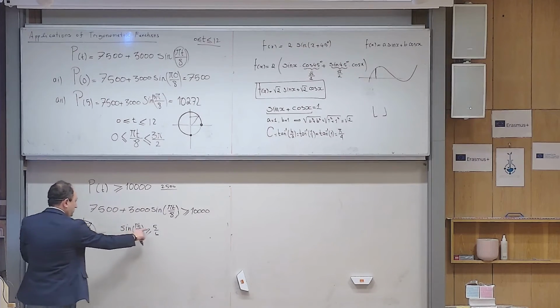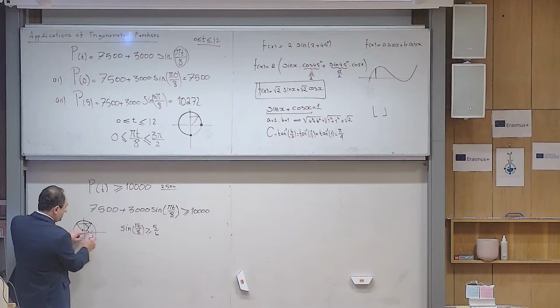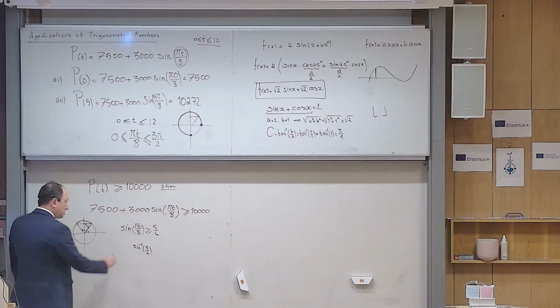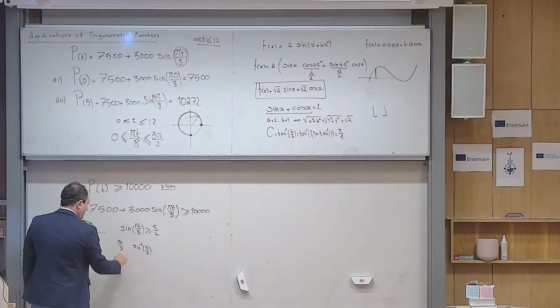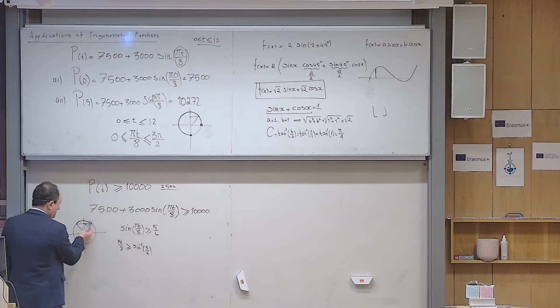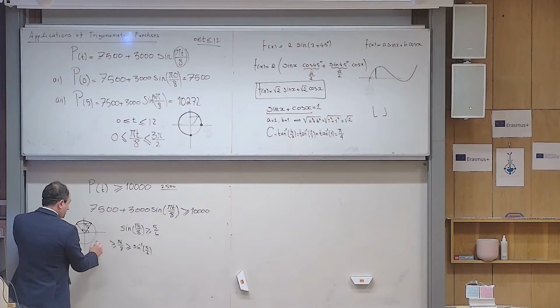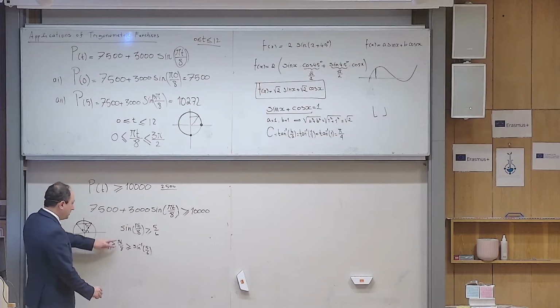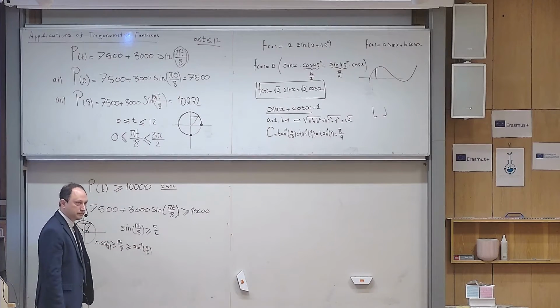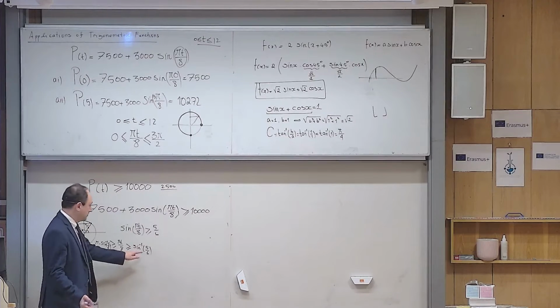This angle is sine inverse of 5 over 6. So pi t over 8 should be greater than this one, but up to this point, which is pi minus sine inverse of 5 over 6. Then you multiply by 8 over pi, and you will find the interval for t. You only need a calculator to calculate this.